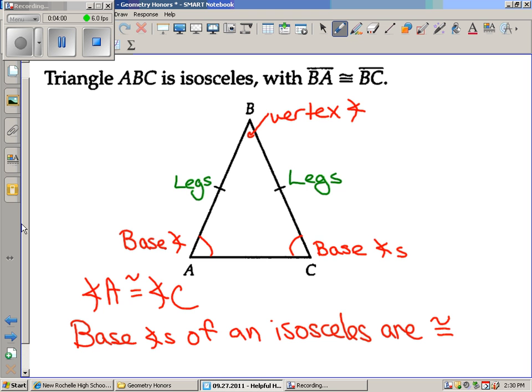Ray AC. No. Be careful, Hannah, because by definition, a ray has a little arrow at the end, like a ray of sunlight flying off. Nope. All you're really going to be concerned with is the two legs, base angles, vertex angle. Jenny?